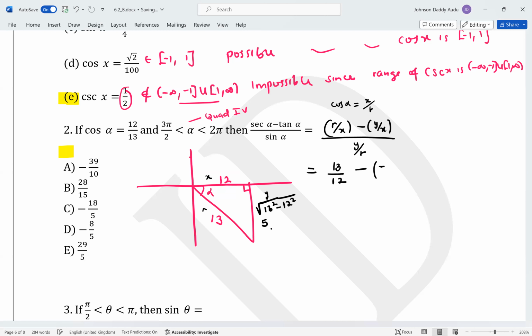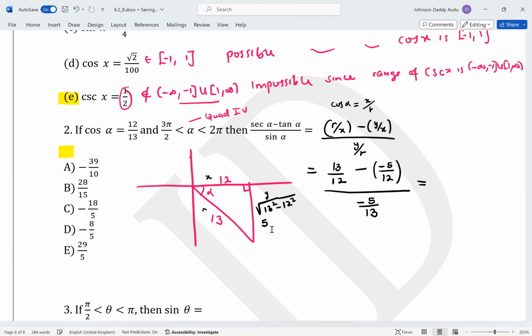So this will be negative 5 over 12 again, which is x. Then divide by y over r. Y over r is sine, so it's going to be minus 5 over 13. All right, so this will be minus minus.